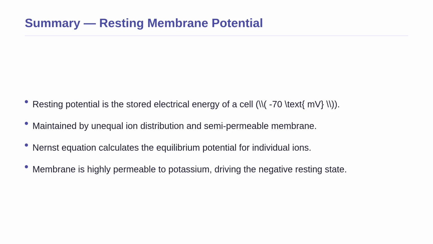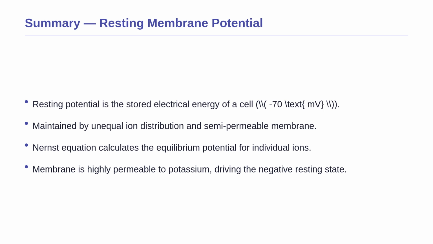To conclude our lecture, let us review the key takeaways. First, the resting membrane potential is the vital stored electrical energy of a cell, typically sitting at -70 millivolts. Second, this battery-like state is maintained by the unequal distribution of ions and the specific permeability of the cell membrane.